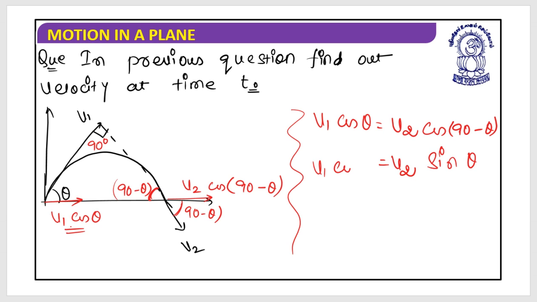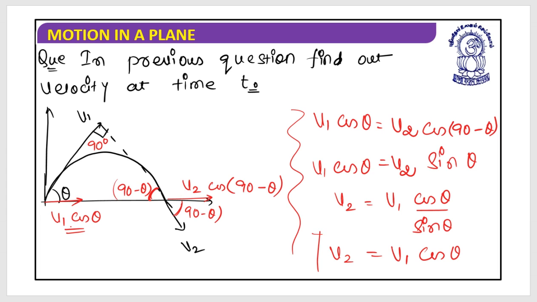So v2 should be equal to v1 cos theta divided by sin theta, and cos by sin is cot. So this is v1 cot theta. Sorry, I made a mistake, it's cot theta. Yes, v2 is equal to v1 cot theta.